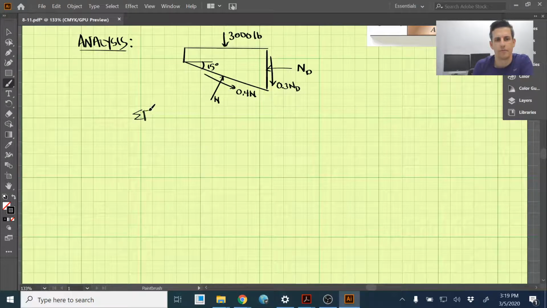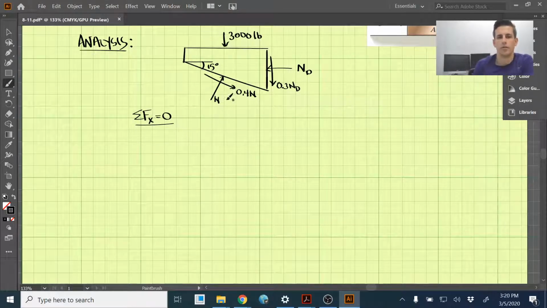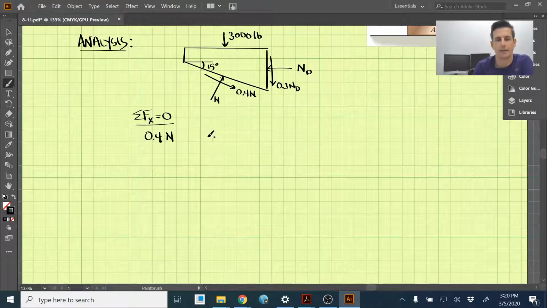Let's first sum the forces in the x direction and set those equal to 0. So we have this 0.4 times N, and it's just going to be a component of that in the x direction. That should be cosine of 15 degrees. And next, this force in here is also going to have a component in the x direction.